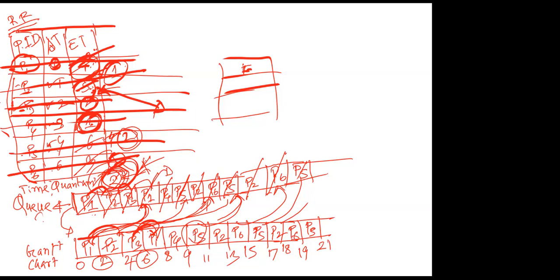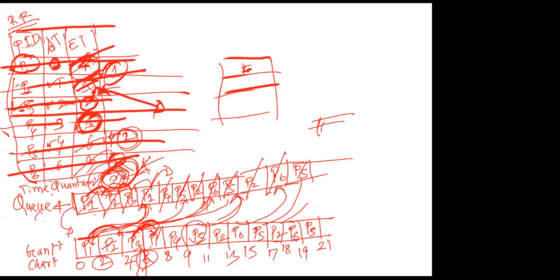Also, some limitation. It is not a drawback, you can say some limitation. Throughput means, for a particular time unit, how many processes complete their execution. Throughput is good for round robin, but sometimes it may be less if you compare with SJF and SRTF. If you use many smaller processes, you may find some difference, but the throughput of round robin is still very good.